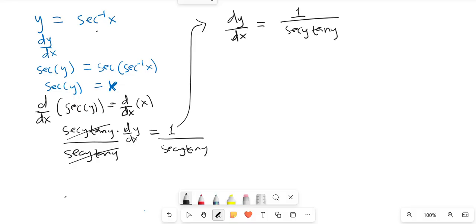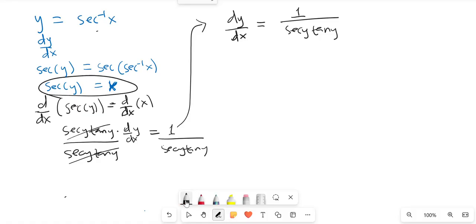But we need to change this in terms of x. We have to evaluate the derivative function. The function must be in terms of x, but right now we have it in terms of y. So we have to change secant y and tangent y into x. The trick is here.